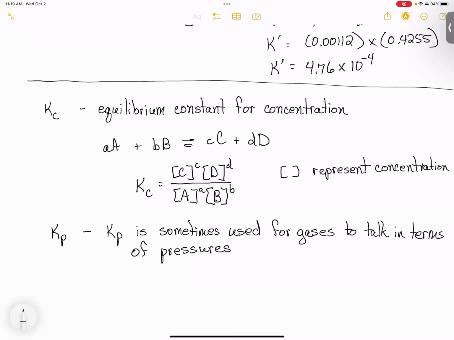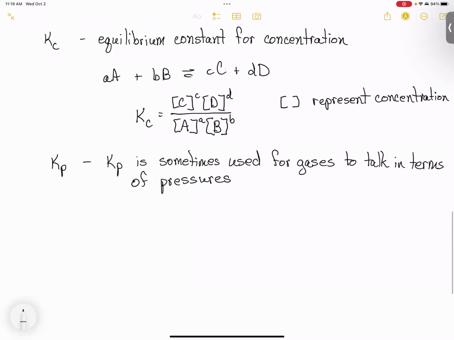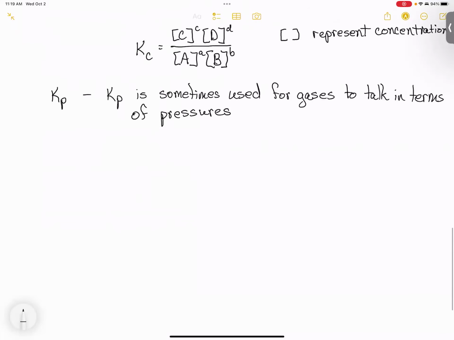So, for example, let's go back to one of the equations we gave earlier, where we had carbon monoxide gas reacting with 2 hydrogen gas to form CH3OH gas. Instead of talking in terms of concentration, because all of these substances are gases, we can talk in terms of pressures. And we can develop the Kp for the reaction.